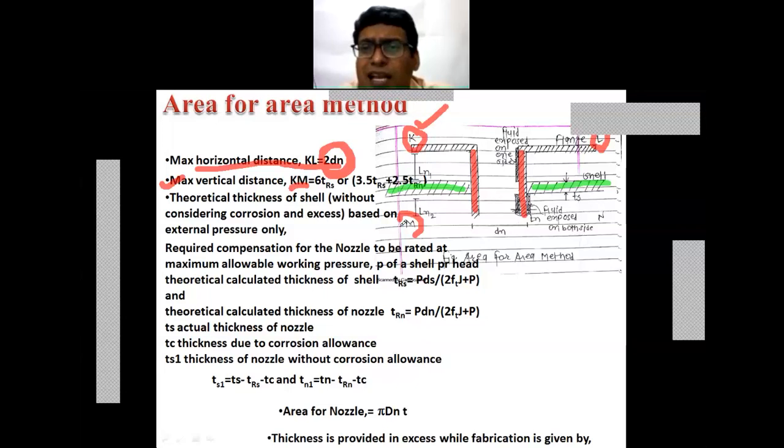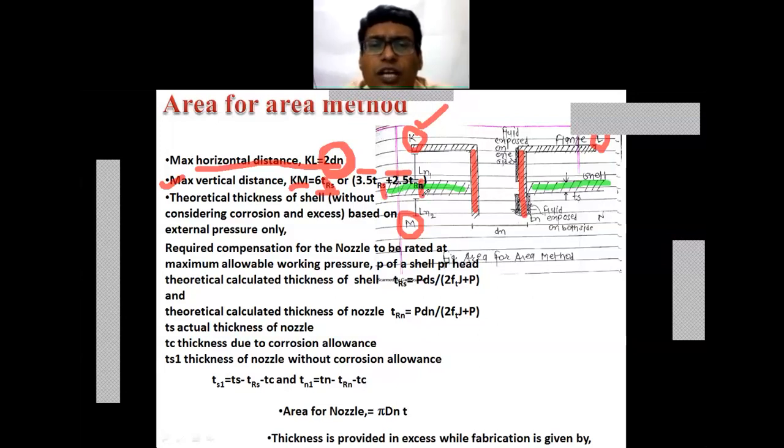It is the length of the nozzle pipe that will be taken into account, KM, and that should be 6 times the theoretical thickness of the shell, or 3.5 times the thickness of the shell plus 2.5 times the thickness of the nozzle. Rs is for the shell and Rn is for the nozzle. N is for the nozzle, S is for the shell.